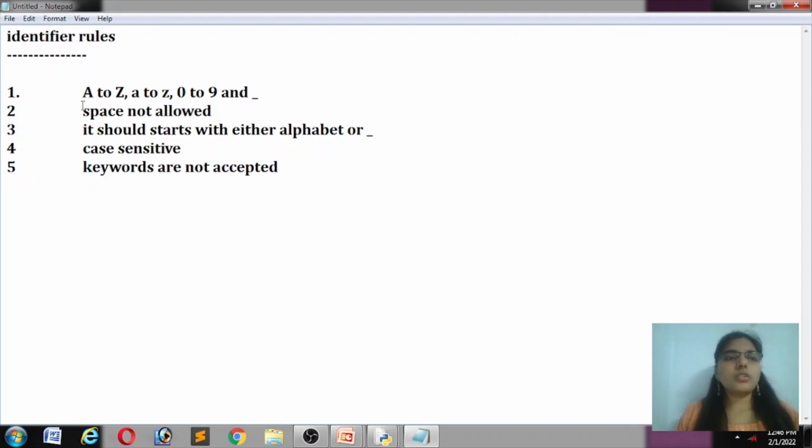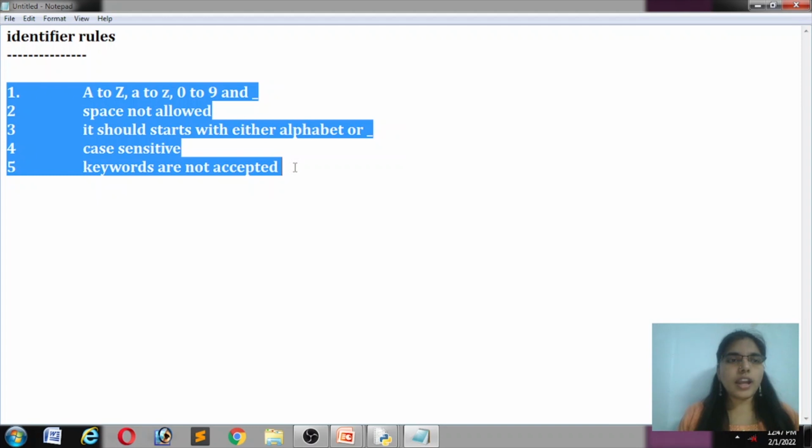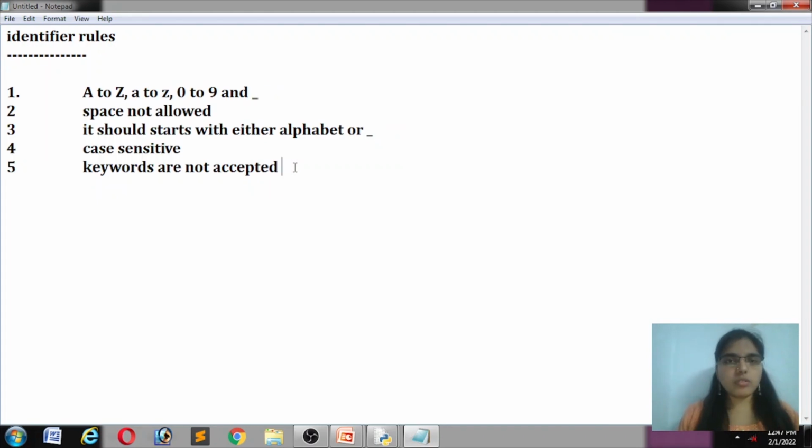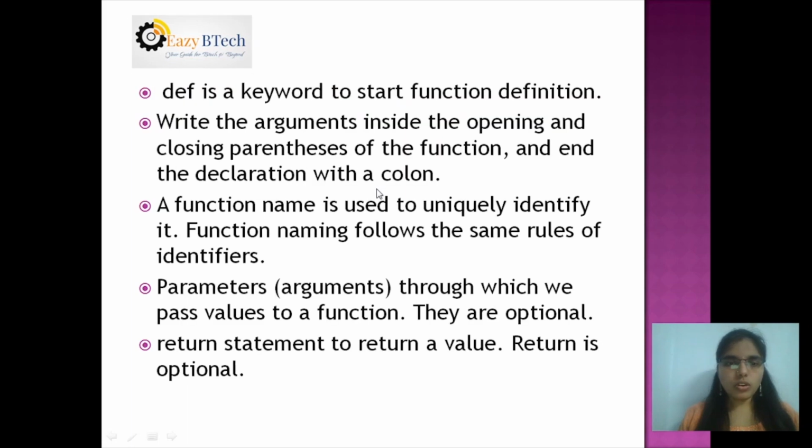So you have to follow these rules for identifiers. A function name is also treated as an identifier, so we must follow those rules for function names. See the third point: a function name is used to uniquely identify it. Function naming follows the same rules as identifiers.